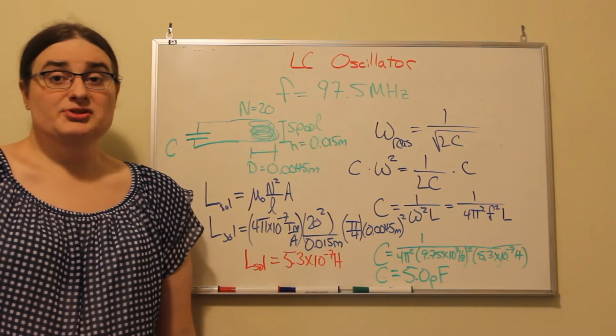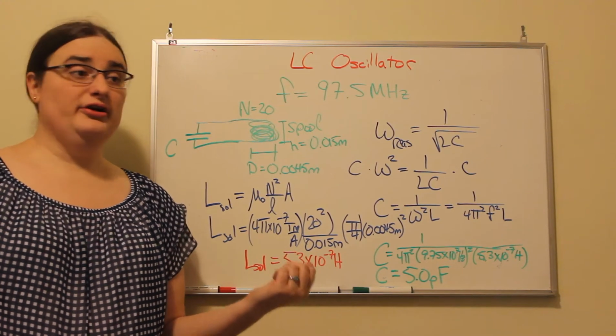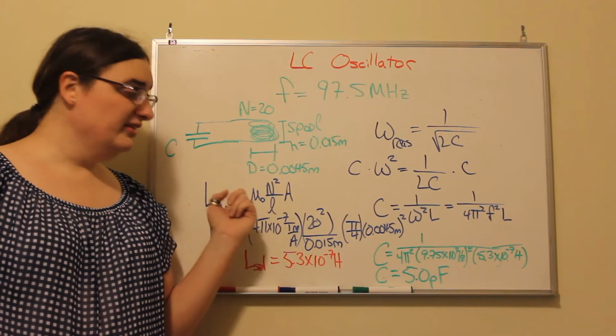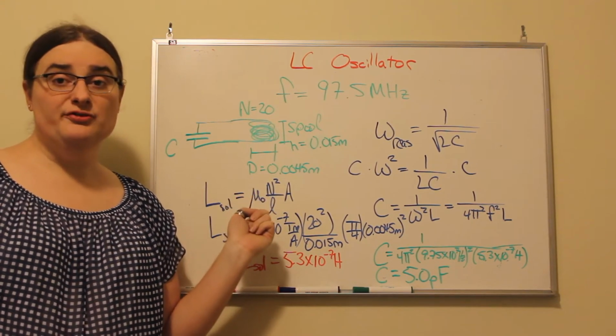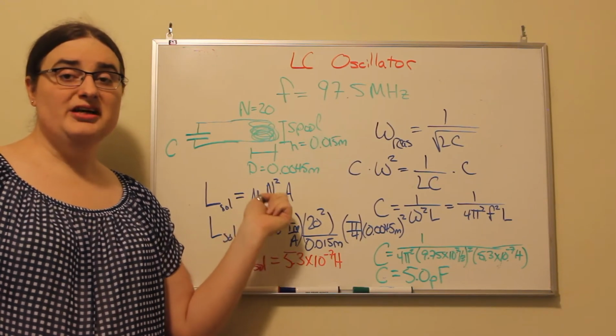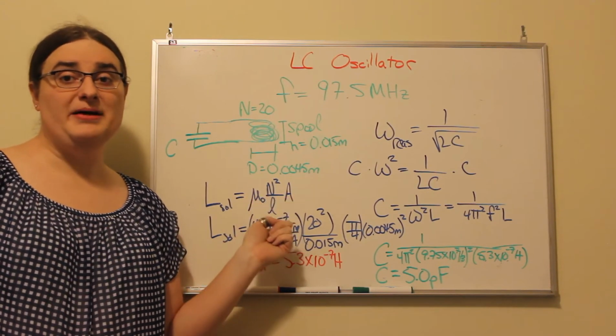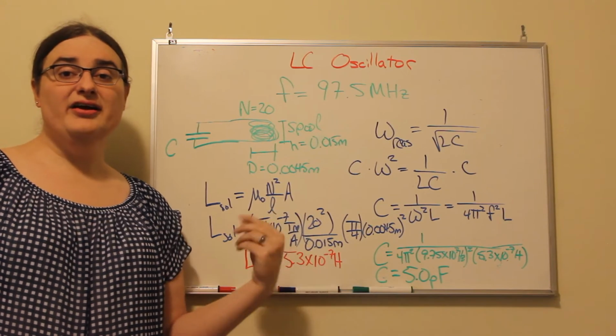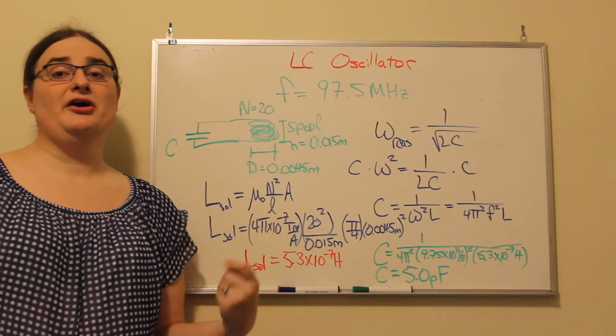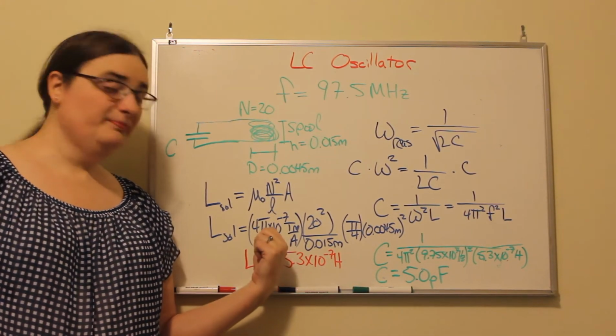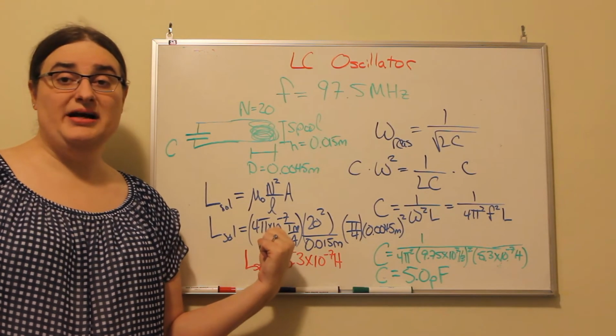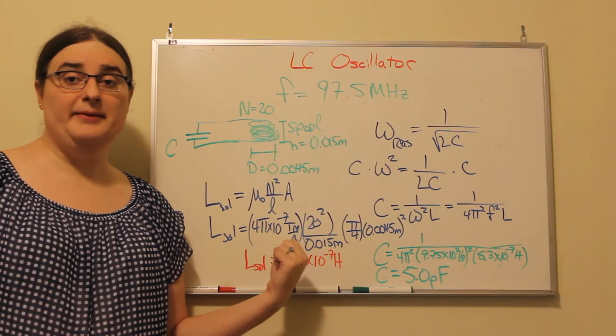Well, that describes a solenoid. For a solenoid, the inductance is equal to the permeability of free space, mu naught, times the number of turns squared divided by the length, times the area of the coils that make up our inductor. So mu naught is just 4 pi times 10 to the minus 7 Tesla meters per amp.